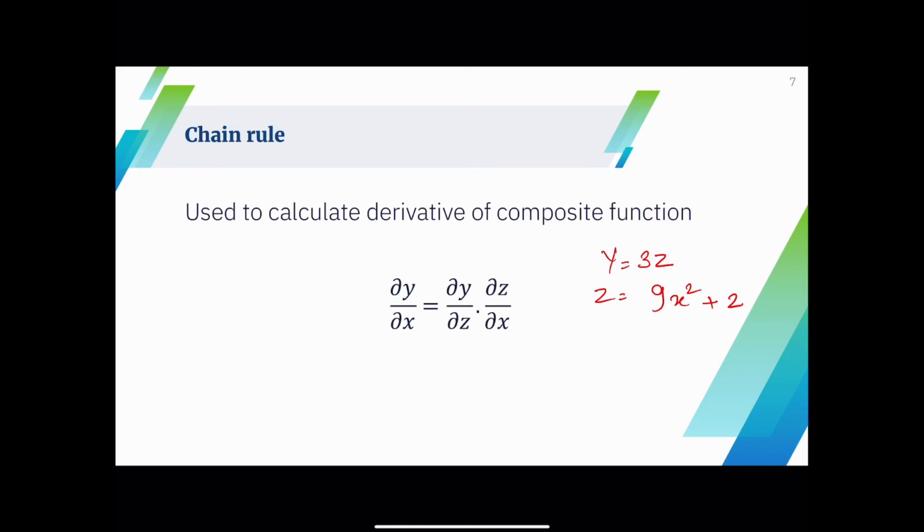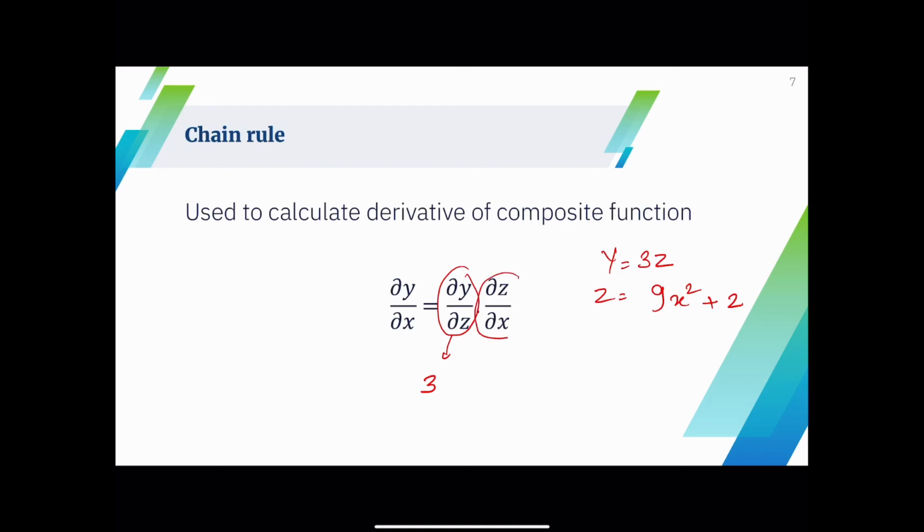So first, to calculate dy by dx, we calculate dy by dz first. So that is just a 3. Like if we do here according to the previous power rule, this 1 comes in the front and z goes, so it's a 3.